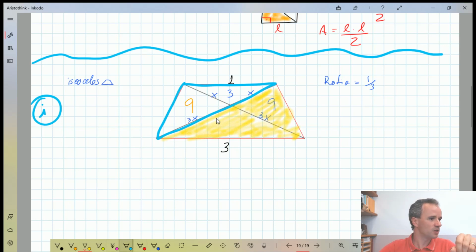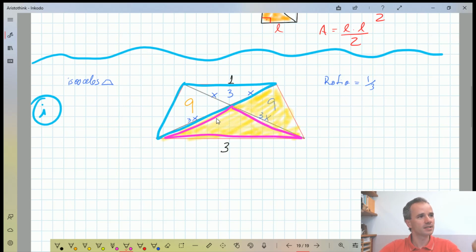Try to see those triangles. I don't know if you can see it. Try to see that triangle now. This one. This triangle has base 3x. Agree? And now try to see maybe a red one. Now try to see this other triangle here.